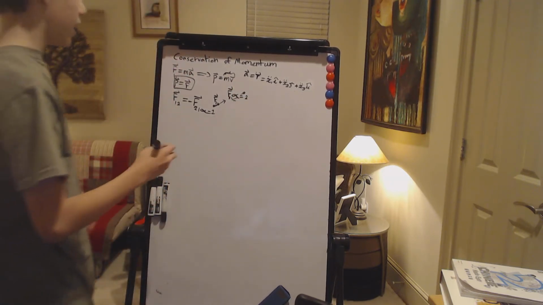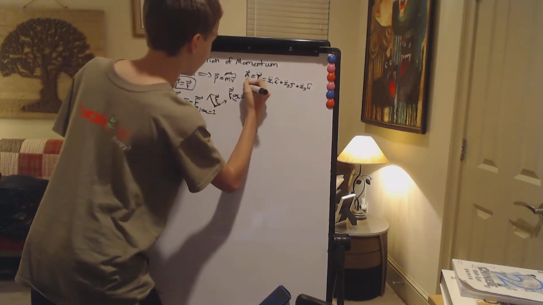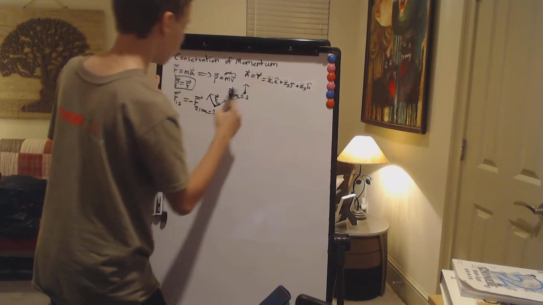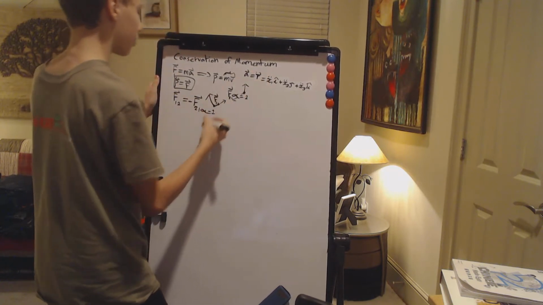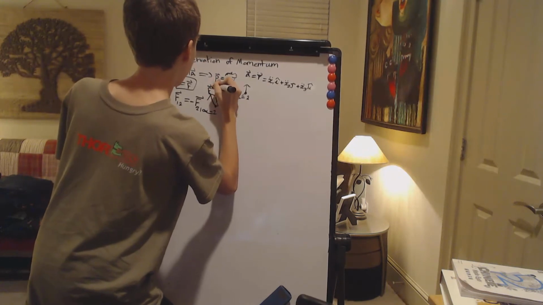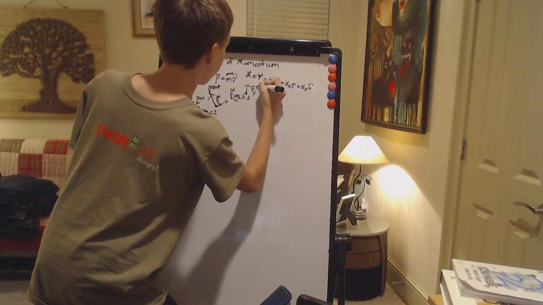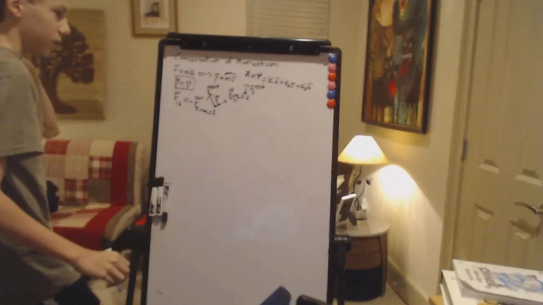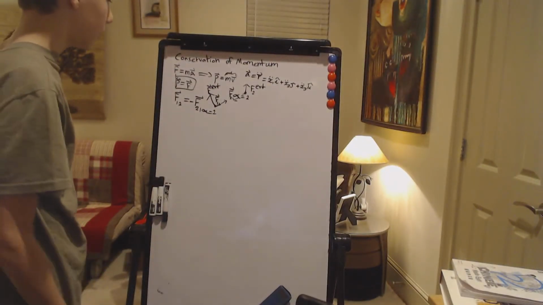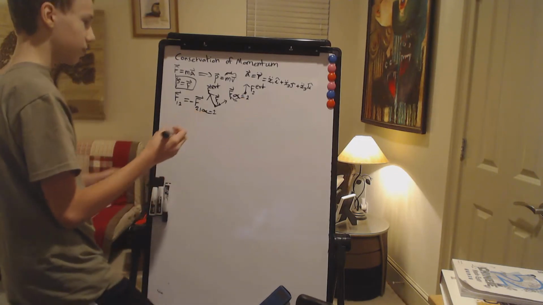We also consider that there are some kind of external forces acting on these particles. We'll denote the external force on 1 as F sub 1 ext, and here we'll denote it as F sub 2 ext. Now let's consider the total force in this two-particle system.